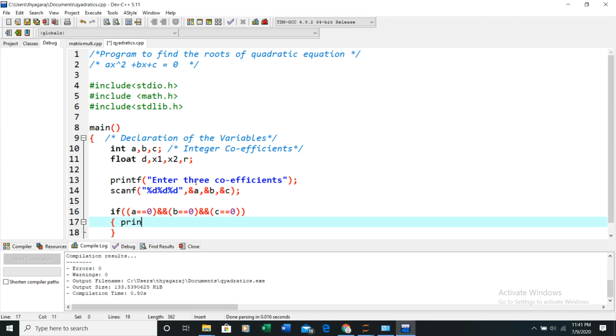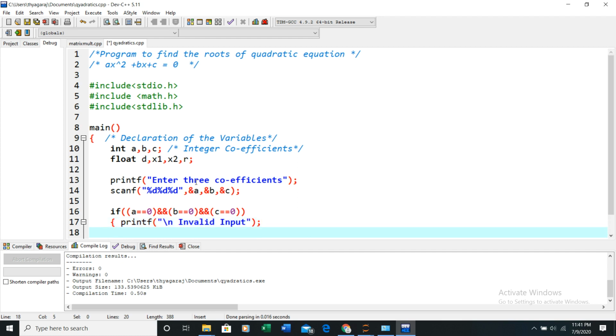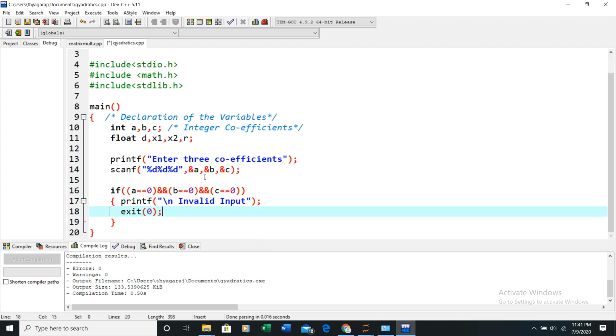Since all the values are 0, we don't have any equation left to compute the roots of the quadratic equation. There will be no roots at all. Therefore we will write invalid input, then exit. There is no need for further computation, so we will exit here itself.